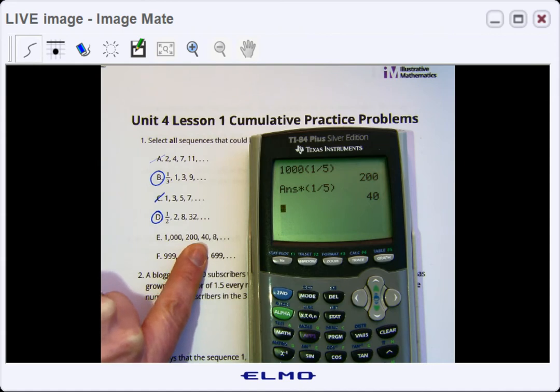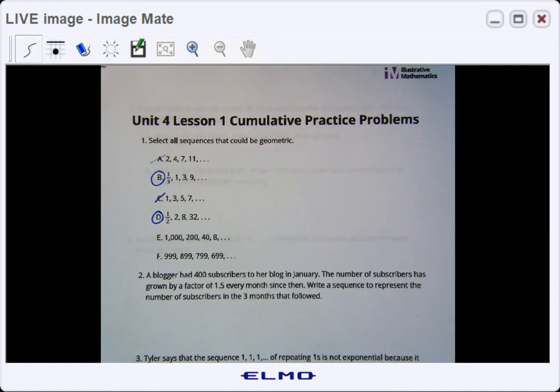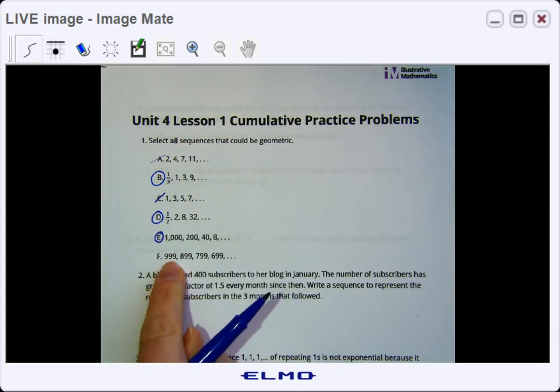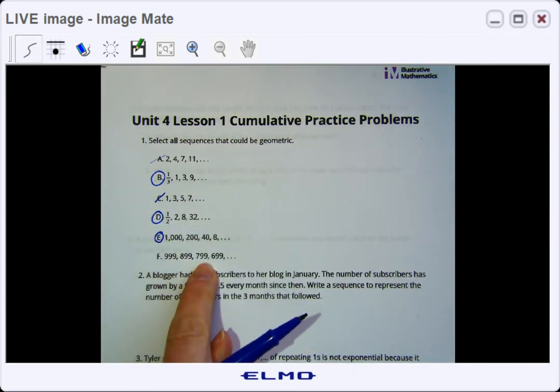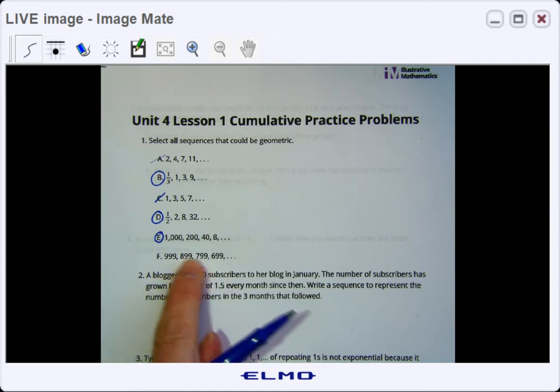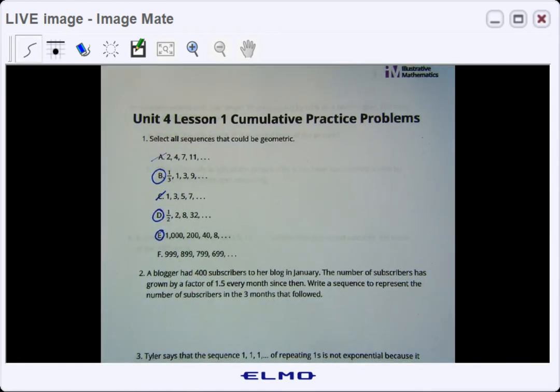And then I multiply that by 1/5, and I get 8. So that one's a yes. And then on F, I can just see that this is arithmetic because it's continuously adding -100. So B, D, and E are the geometric sequences for number 1.